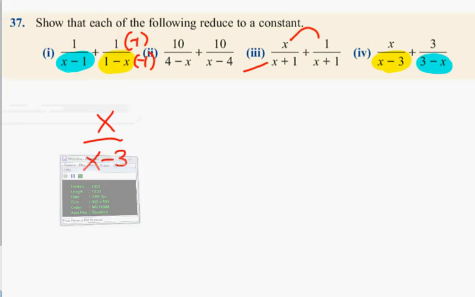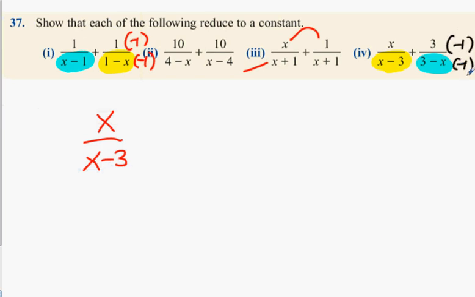What do we do with the blue one? By minus 1. Then what do we get? Minus 3 plus x. Yeah. It's minus 3 plus x. But what is minus 3 plus x the same as? x minus 3. Alright, this is what I think you were asking earlier.